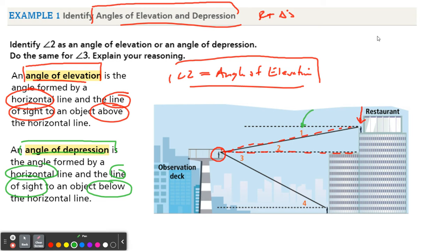Angle 1 is the angle of depression formed by a horizontal and a line of sight, but that's not the question. It's angle 2 and 3. Angle 3 is the angle of depression formed by a horizontal and a line of sight to the object below, the person below. So angle 3 is an angle of depression.